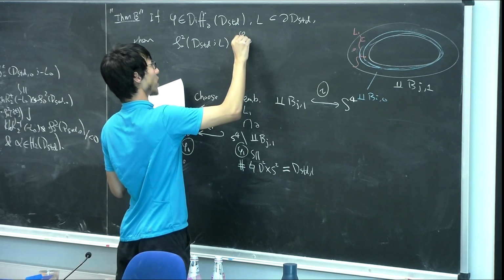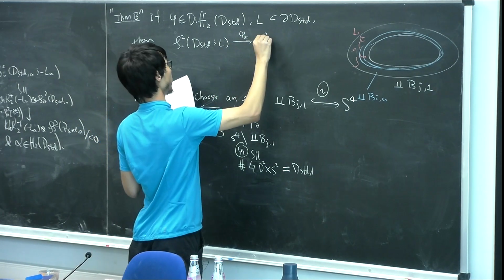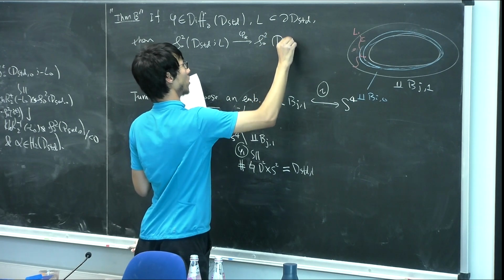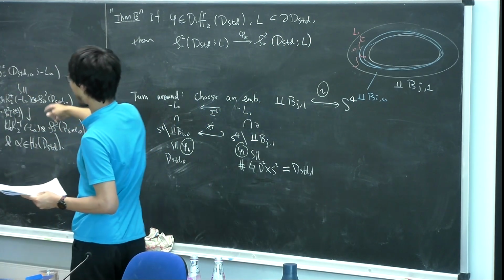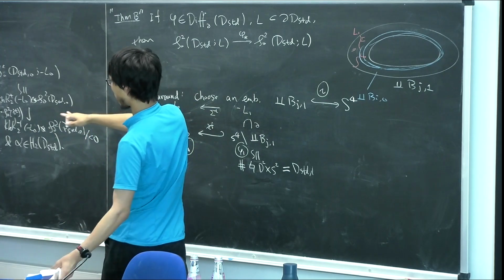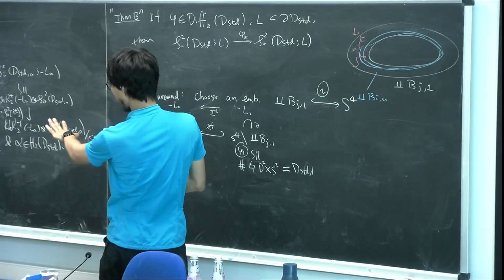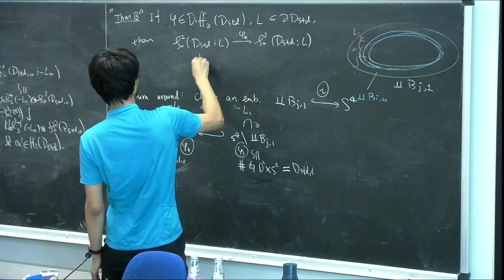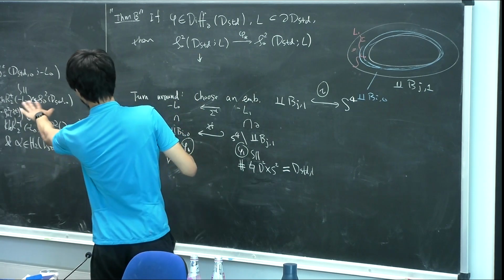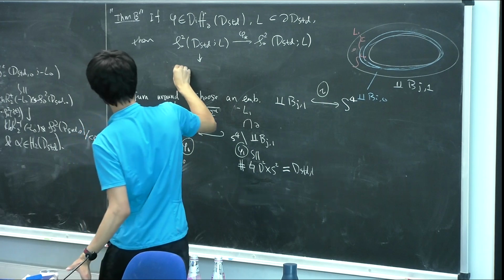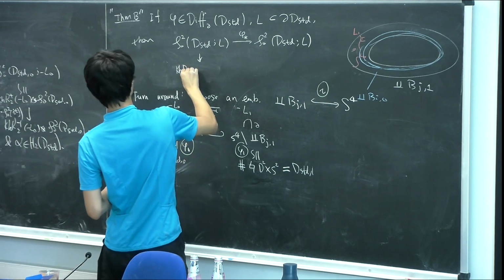This is induced by phi itself. But I can also construct this diagram over there using this isomorphism to compare what happens on the level of Rozansky-Willis homology. Maybe I'll omit the middle step and go to the last row.